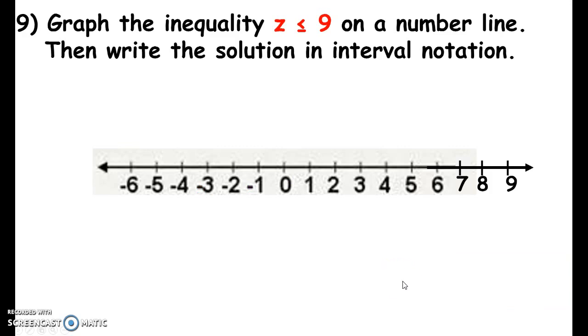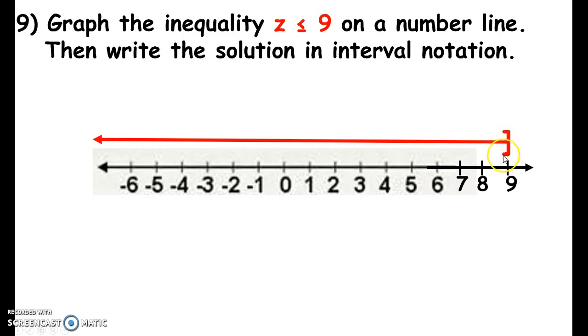Okay, number 9, graph this inequality. z is less than or equal to 9 on a number line. Write the solution in interval notation. z is less than or equal to 9, so that means we're going to have a bracket at 9, and everything less than it is a solution.